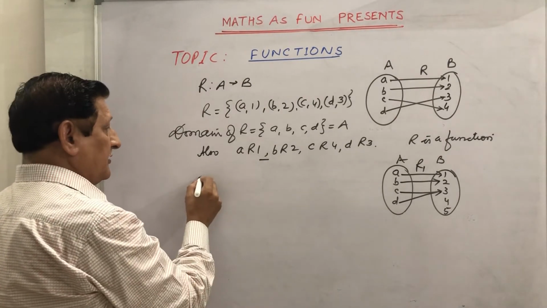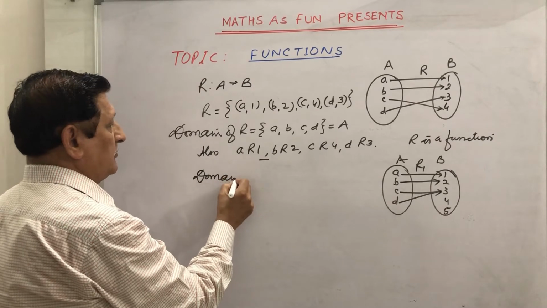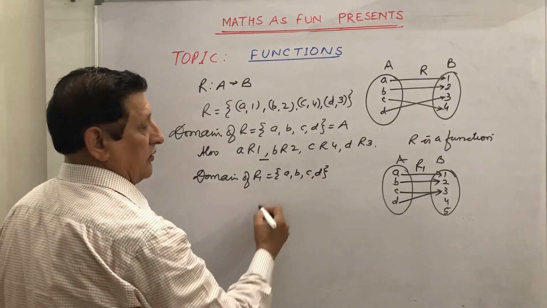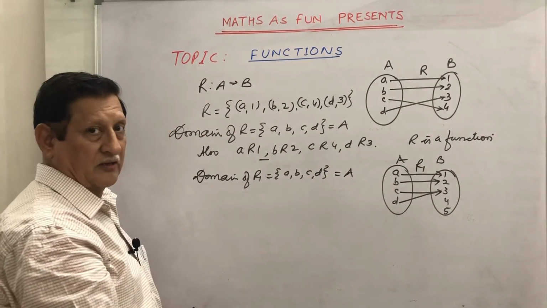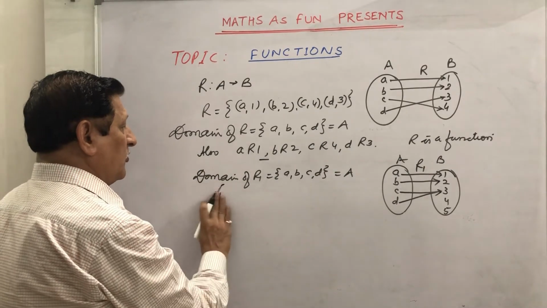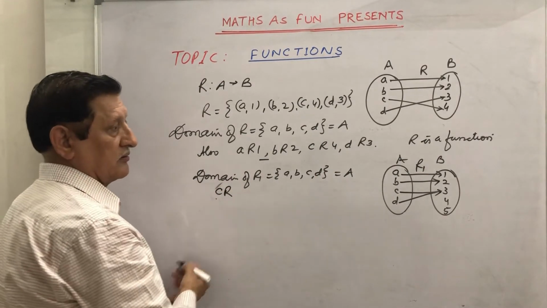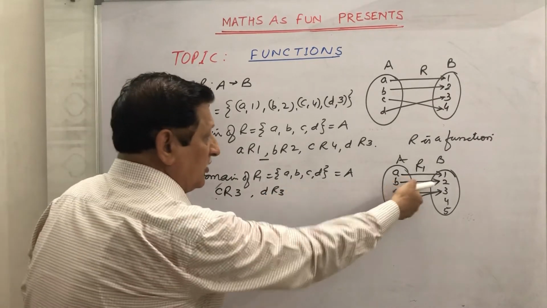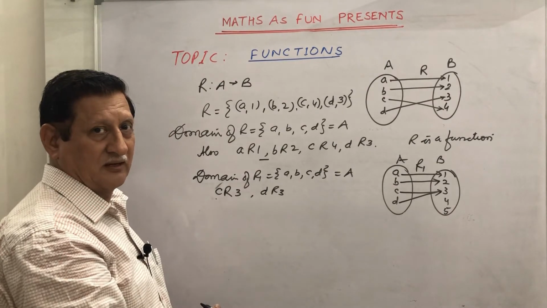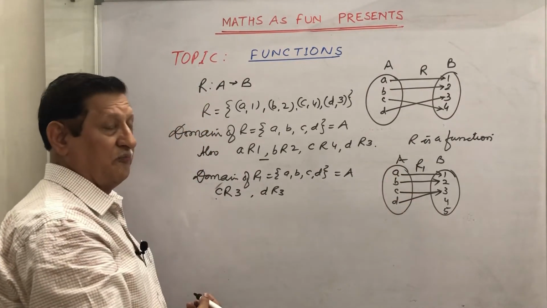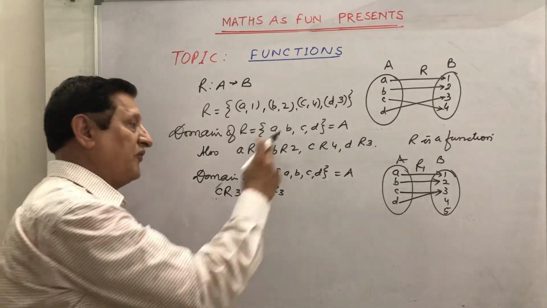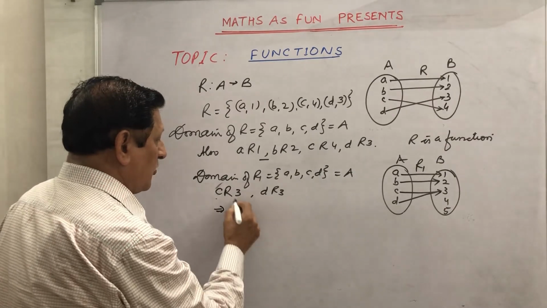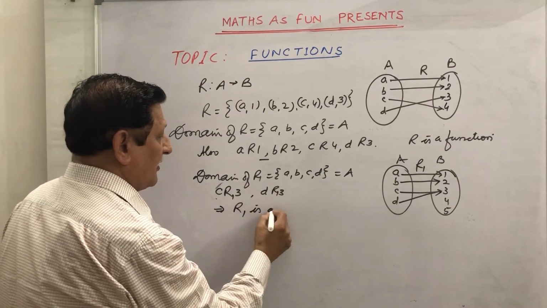Yes, we find that the domain of R1 is equal to a, b, c, d, and this is equal to A. Also we find that of course c and d are both related to 3, but every element has only one image, a unique image. It is not necessary that every element of B is related to some element of A, but every element of A should be related to B, and hence we say that R1 is a function.